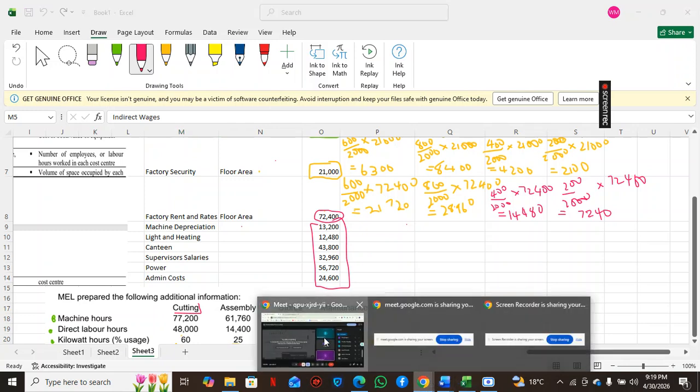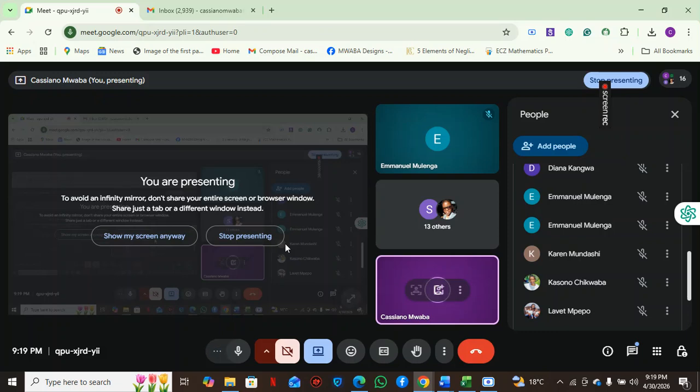Because remember, here what is happening is this. Once you've apportioned all these overheads to the departments, you're going to get the total overheads for each department. And after that, you are going to reapportion the overheads for the service departments. Colleagues, why do you think we are reapportioning the overheads for the service departments?